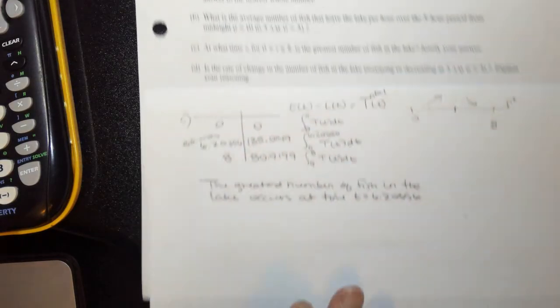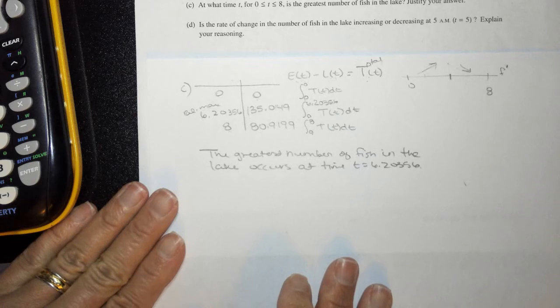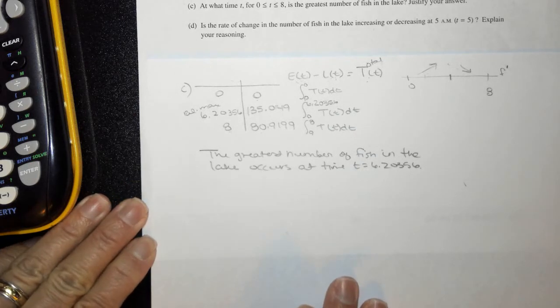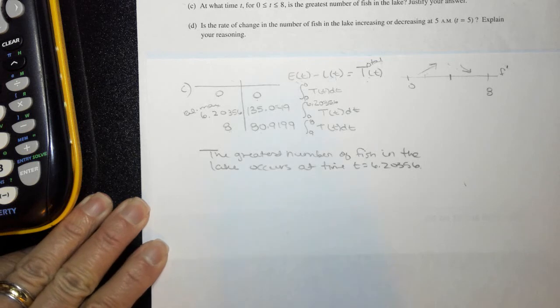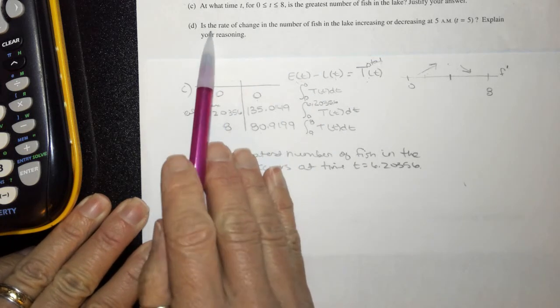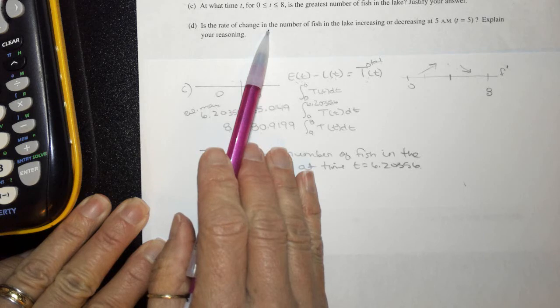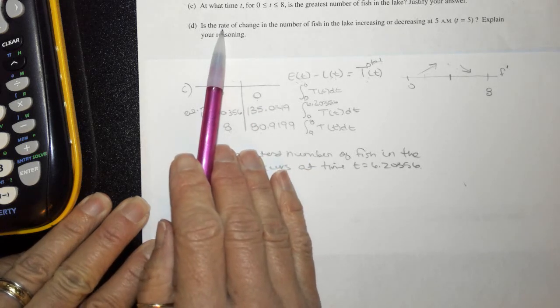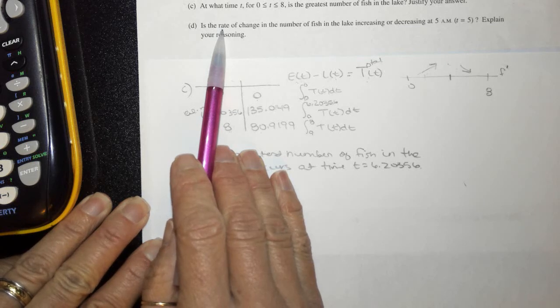The last part here says, is the rate of change in the number of fish in the lake increasing or decreasing at 5 a.m.? Okay, the rate in the change of the number of fish. So first of all, this has to do with the derivative. So if we're looking at increasing or decreasing, we're looking to see, is the derivative positive or is the derivative negative, because it tells us about the original or the amount of fish.